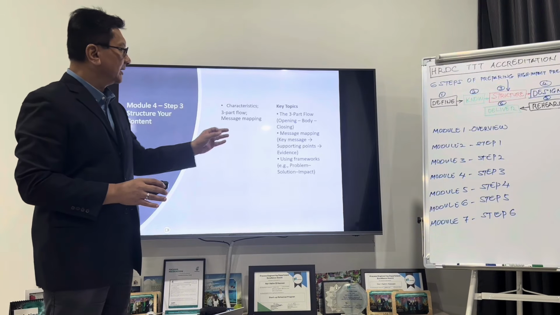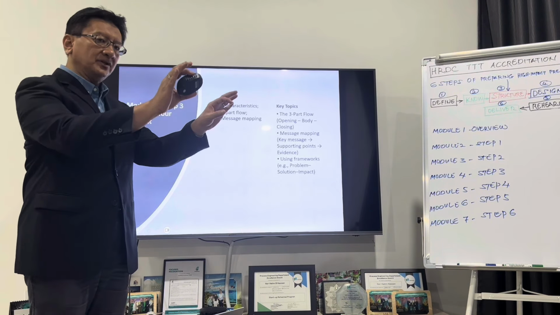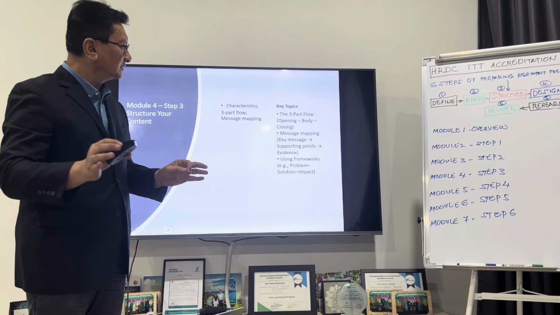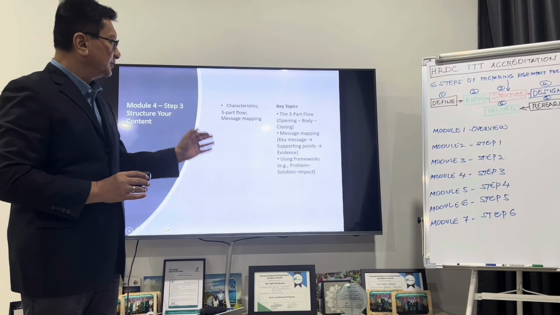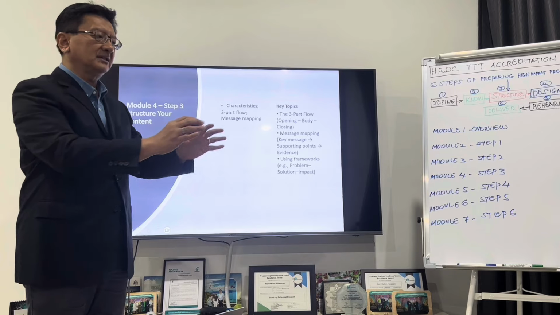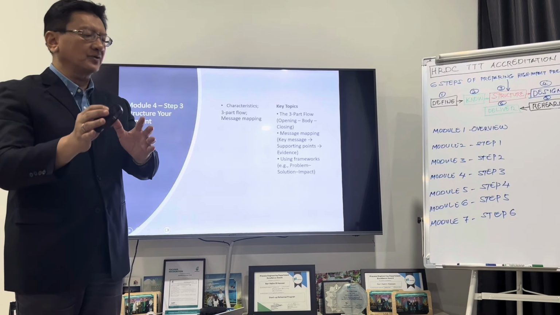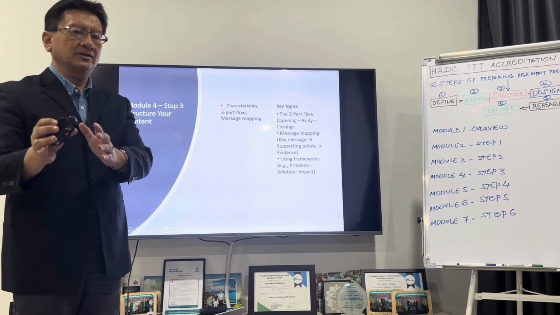And then we have to use a message mapping. For example, what are the key messages? What are the supporting points or evidence to support the key message? And then using the framework example, what is the problem, what is the solution that we have considered, and what is the impact or the risk from the solution that we have taken.